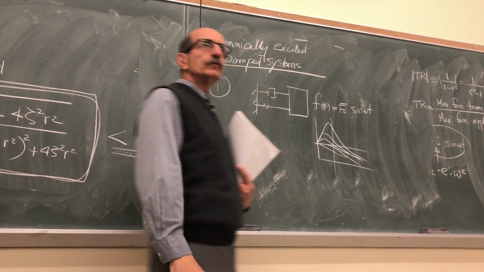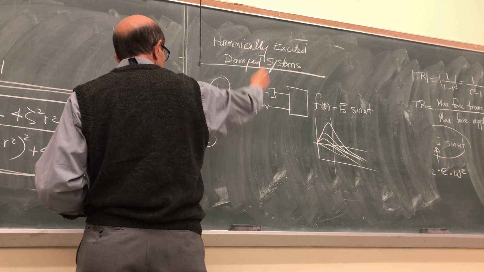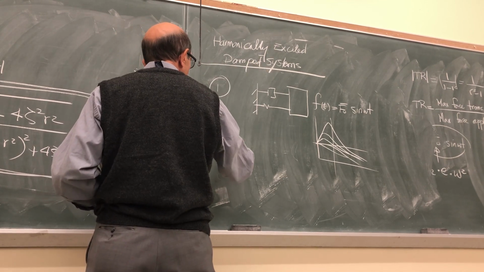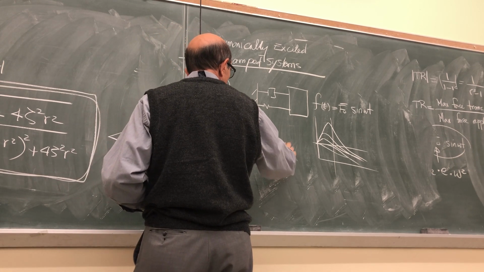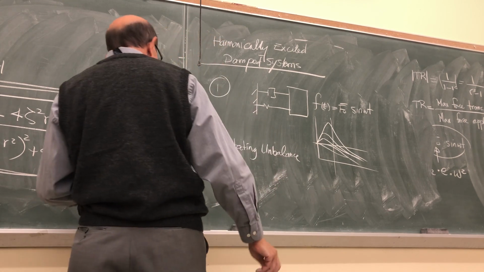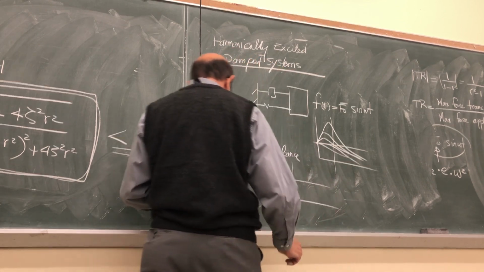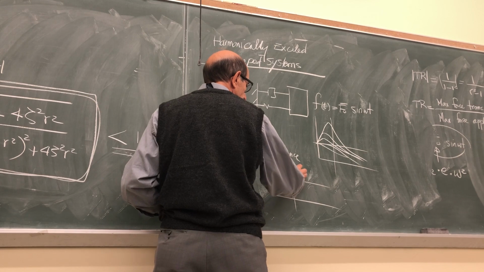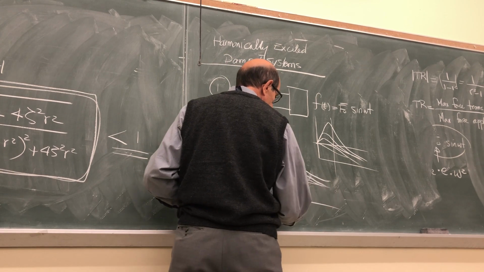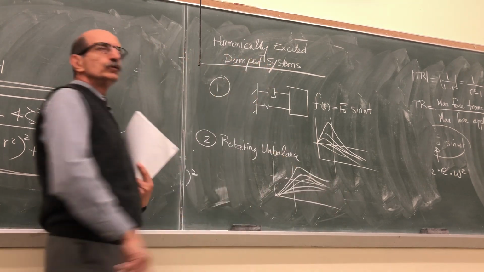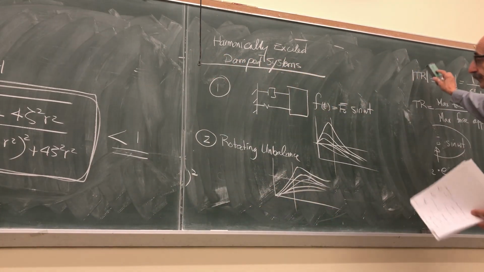So that's the frequency response function. The second case we looked at in this topic was rotating unbalance. One of the important conclusions that we reached was that the effect of rotating unbalance can be described by this pseudo frequency response function. So that's the second topic we studied.